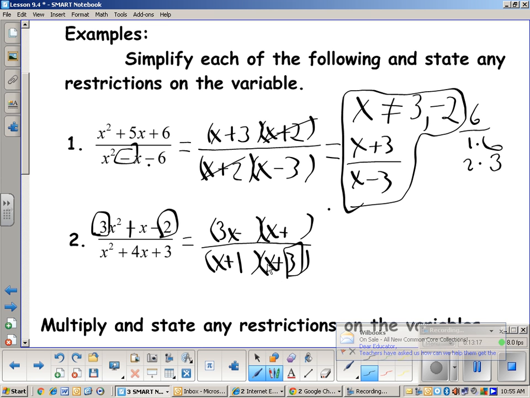So the only way it's going to reduce is if one of the top factors is the same as this one, x plus 1. And the only way to get 2 then is 1 times 2. Okay? But when we look at this, we get negative 2x and positive 3x, which is plus 1x, not minus. So let's change that to a plus so that we can factor it in a useful way.